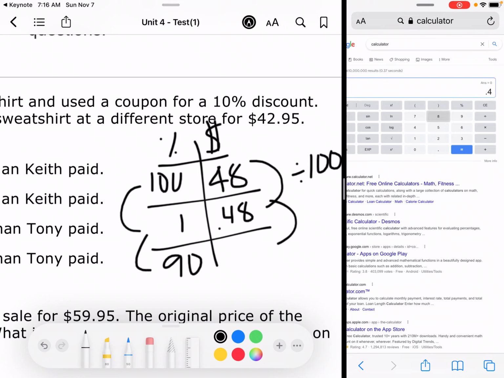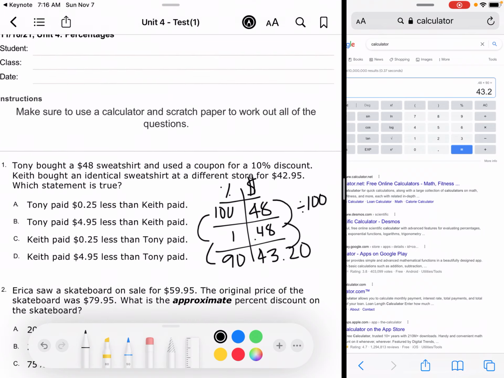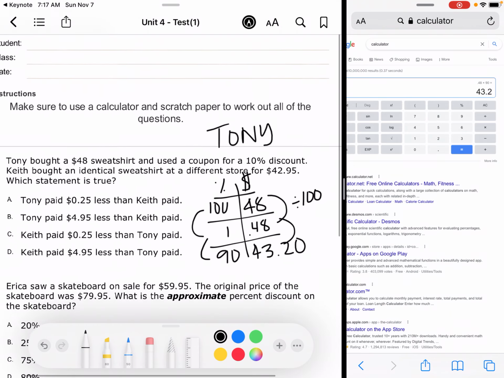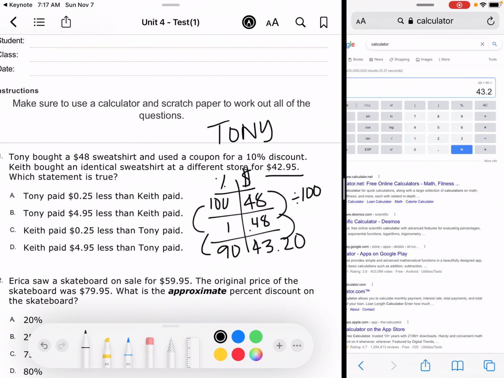So 0.48 times 90, and I get $43.20. And this was Tony. So if I look, Keith spent this much. So Tony spent more. So that means Keith paid less, right?